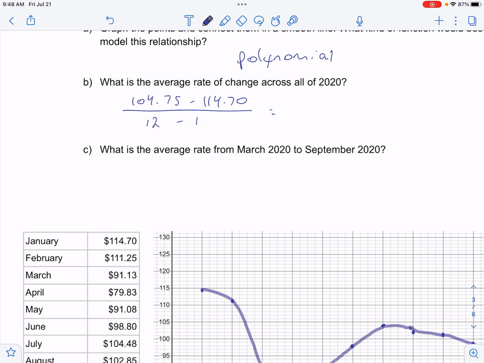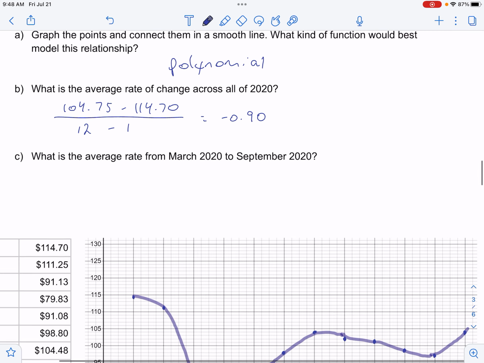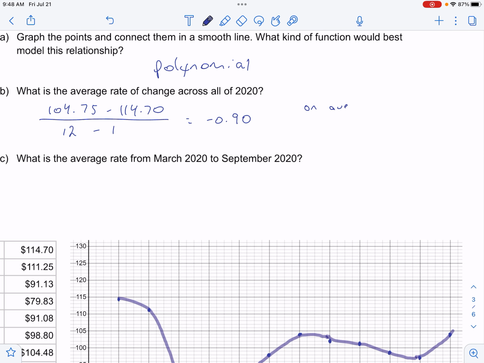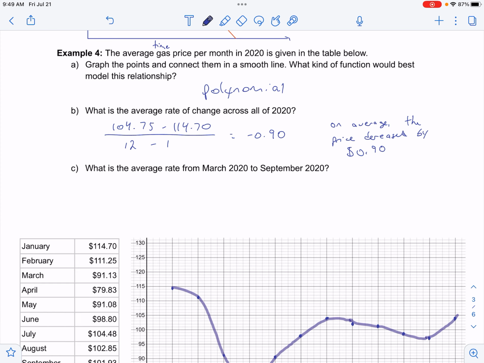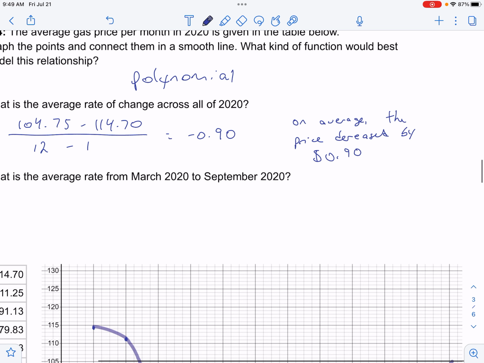And 104.75 minus 114.70 divided by 11 is negative 0.90 approximately. And so on average, the price decreased by 0.90 per month.